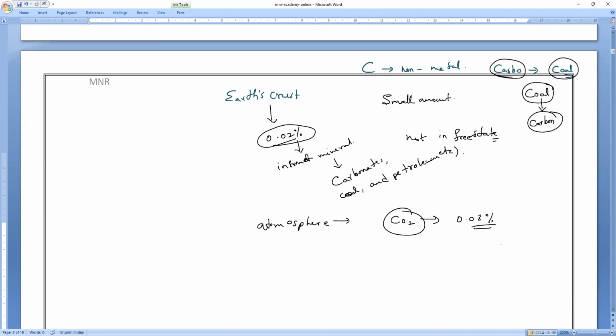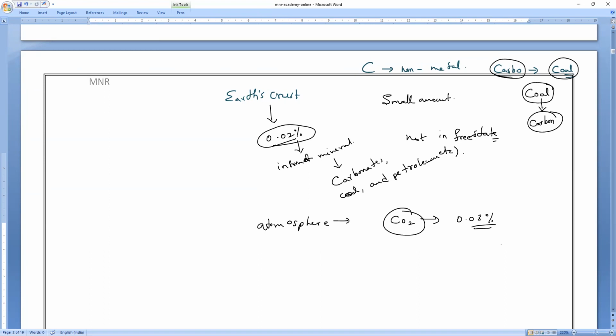The presence of carbon in our nature is very small, but the importance of this carbon is extremely high because even our body is made up of carbon. If there is no carbon, there is no life of an organism.